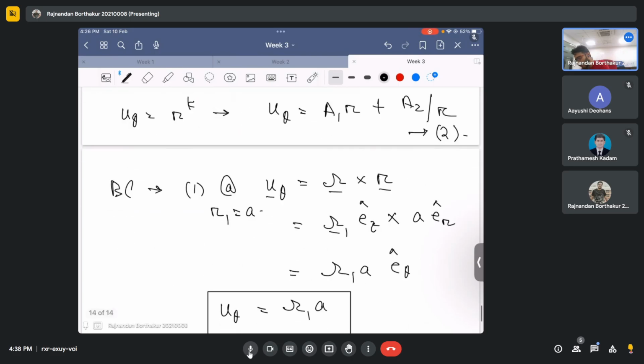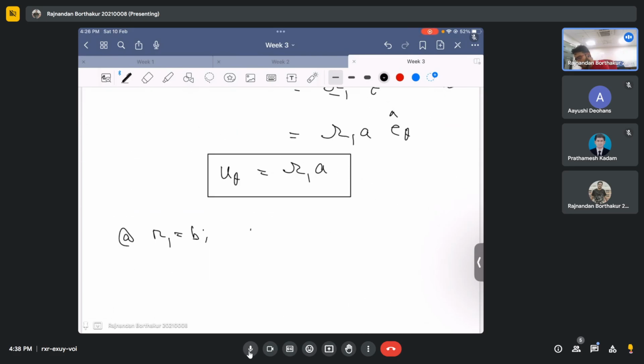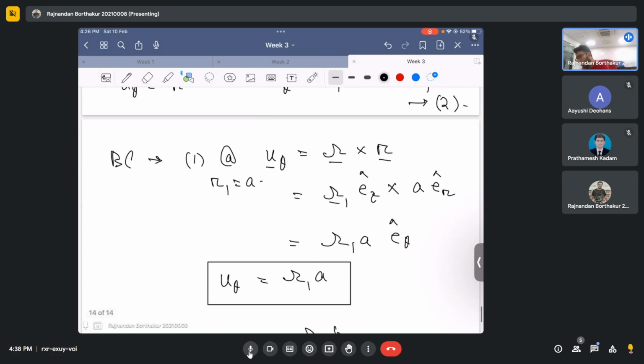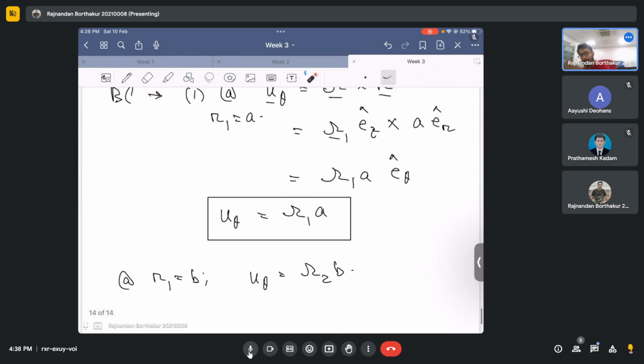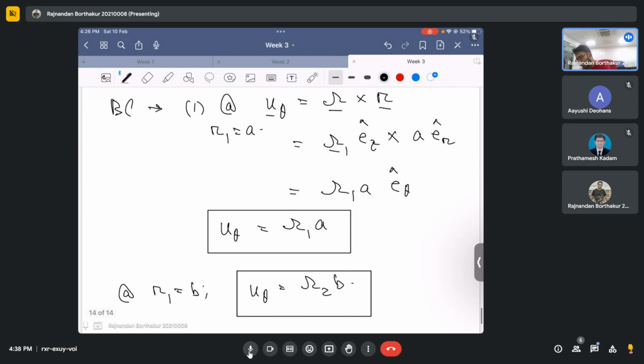At r1 equals b, u theta would just be omega 2 times b. Again, just apply the same logic here for the outer cylinder. So this becomes u theta equals omega 2 times b. So that's it. We just require two boundary conditions, and we have these two boundary conditions. Let's name these equations 2a and 2b.